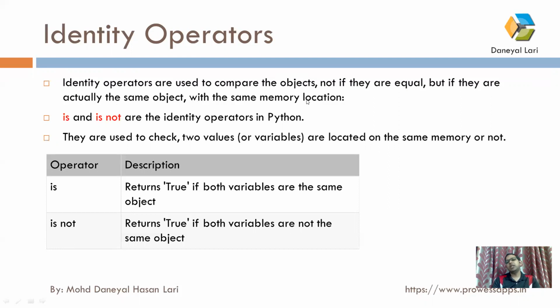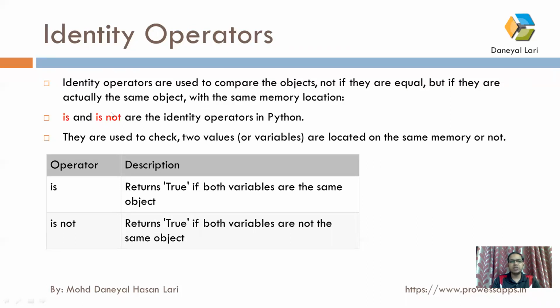In Python, multiple objects could be at the same location, so if you want to check that, you can use the identity operator.